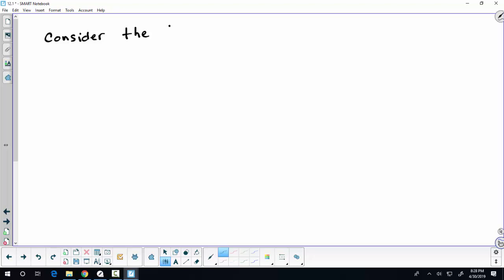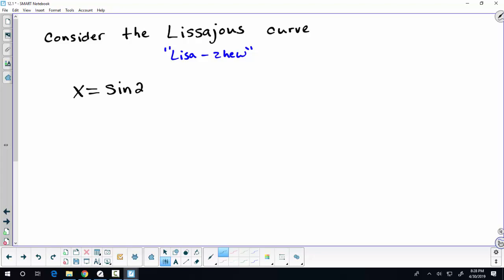Consider the Lissajous curve: x equals sine of 2t, y equals 2 sine of t, and t is between 0 and 2 pi.